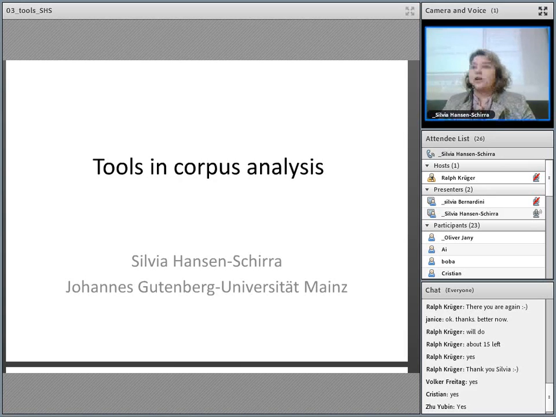But in order to do so, you need to put something into the corpus to get more out of it. So you have to enrich it, to annotate it. I will talk about tools for the annotation of corpora, and later on about online corpora which are annotated and which might be useful for you.